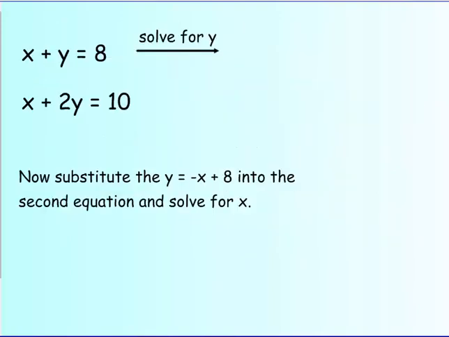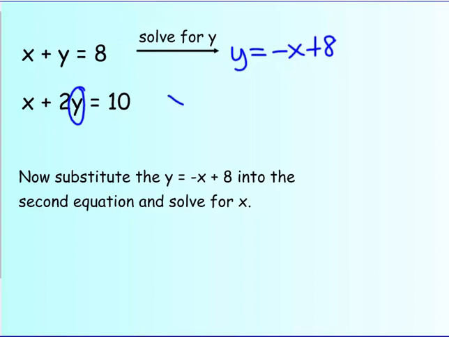So solving for y, which I just did, you get y equals negative x plus 8. I'm going to substitute y equals negative x plus 8 into this second equation. I'm going to put what y equals here, and I'm going to solve for x.